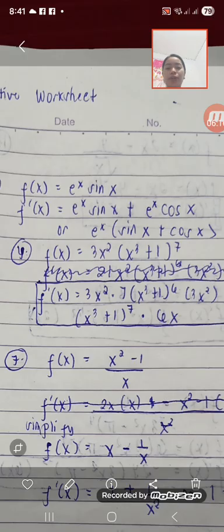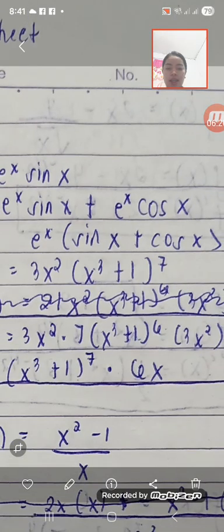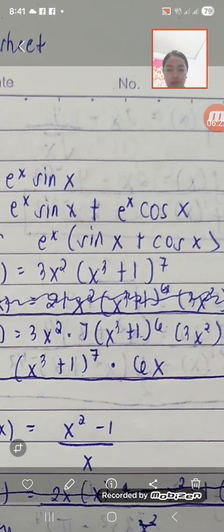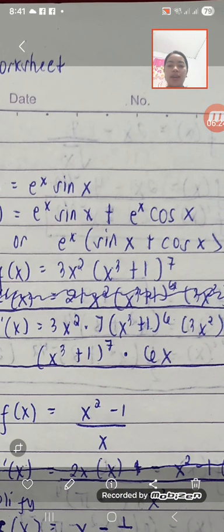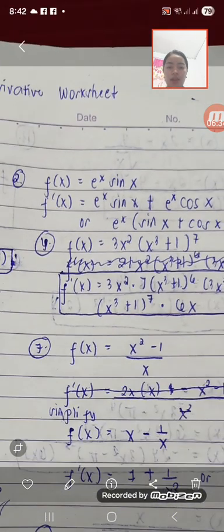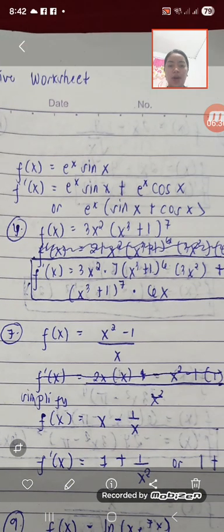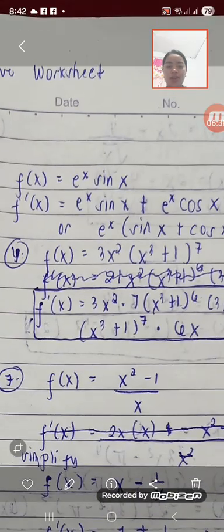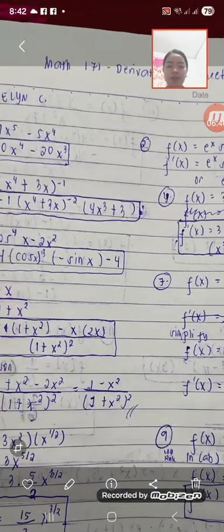Or you can also rewrite this like this, because for e^x, you just need to get the e^x outside and copy the sine x plus cos x since they have a common factor, if you want the cleaner one, but this one also is accepted.